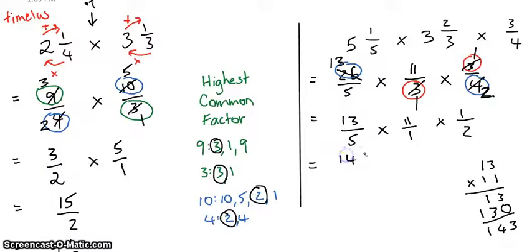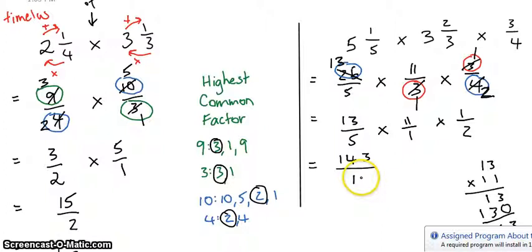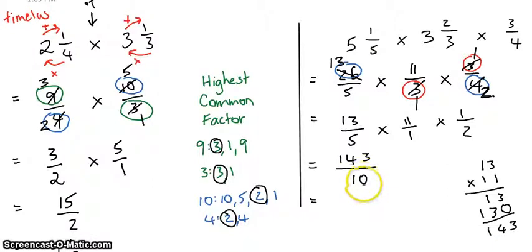So 143 over 5 times 1 is 5, times 2 is 10. Okay, so I'm going to have tenths. My answer is going to be in so many tenths. I can go 10 goes into 143 14 times with 3 tenths left over.